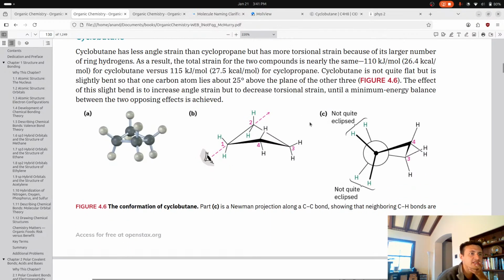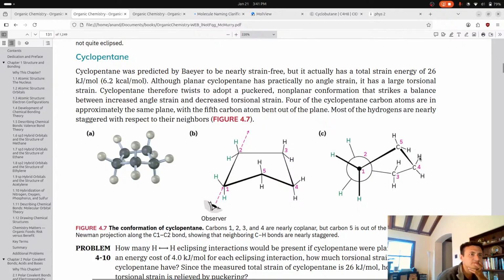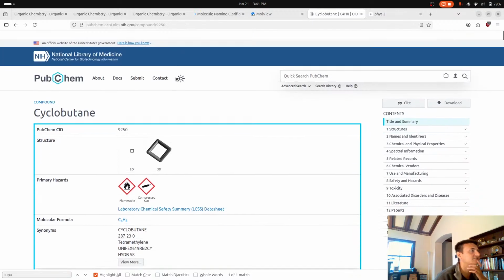So, if we can't draw this, we should be able to look at it, though. Yeah, not quite eclipsed. I think the best thing, though, is to just use the real thing.